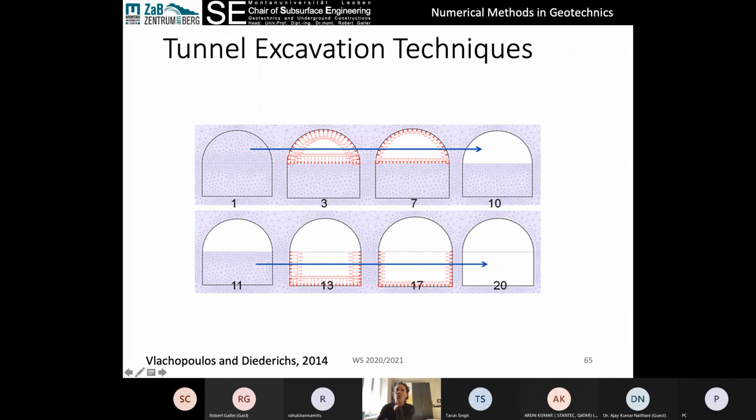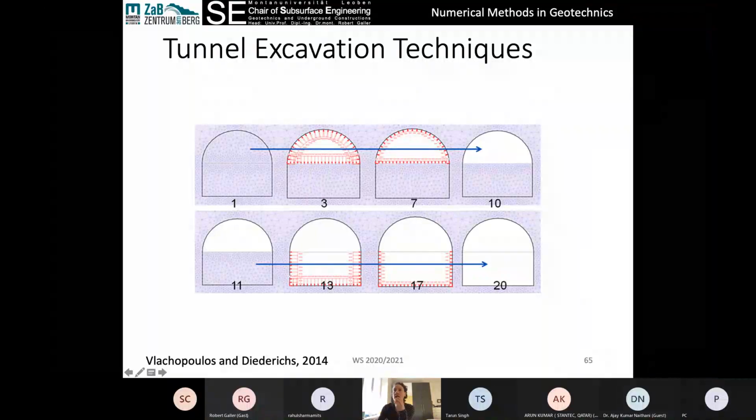And at some point at one of these stages, which corresponds to the amount of pressure that's been lost at the tunnel face or at the location where the support is installed, the numerical modeler will install some support. And then the support will start picking up some of the load, picking up some of the stresses and deforming, reducing the total amount of stresses at the excavation boundary.